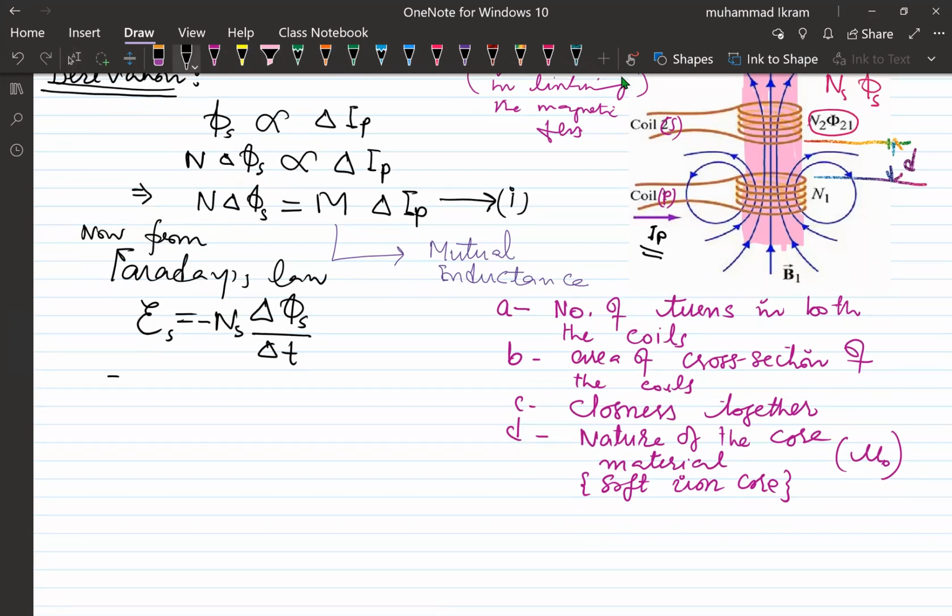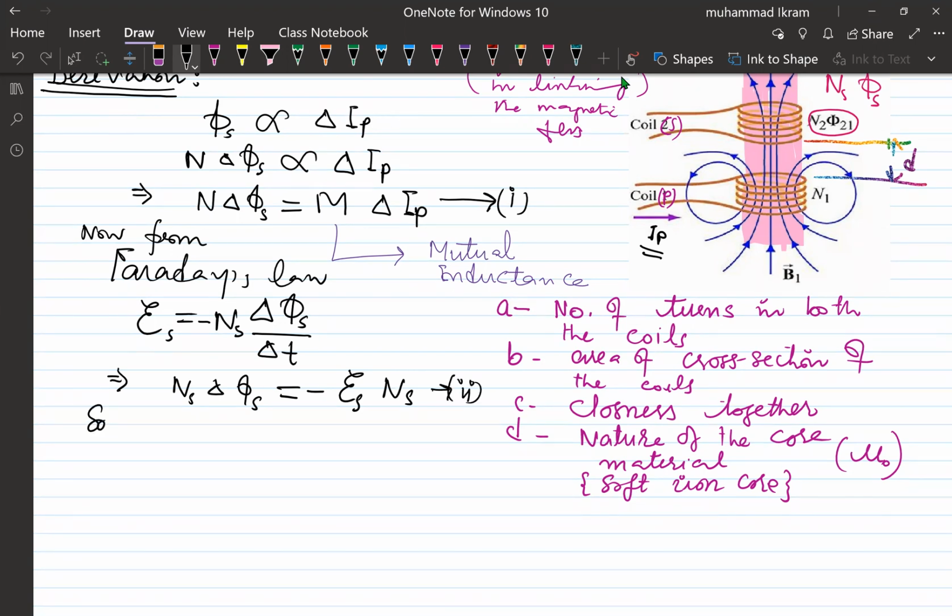Now, this can be rewritten as minus Ns into delta phi s by delta t, where this is the EMF in the secondary coil. So this is our equation number 2.